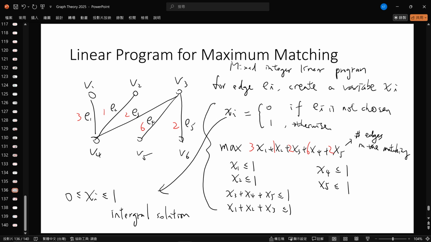And I said earlier that you can actually solve this linear program after you replace the constraint, and the optimal solution for the linear program turns out to be integral. So you can actually use the solution with respect to this continuous constraint as the optimal solution for the maximum matching.